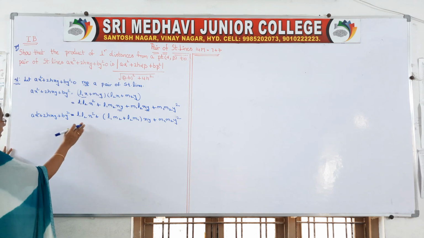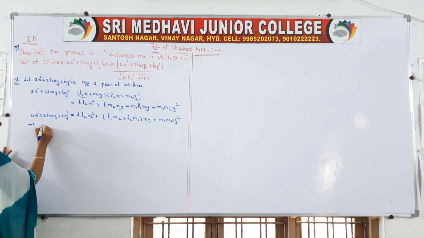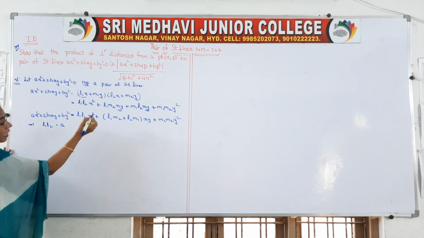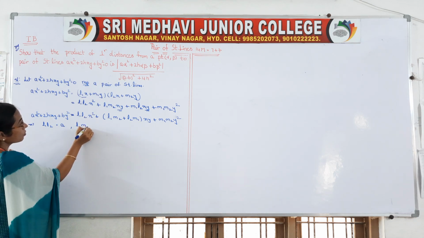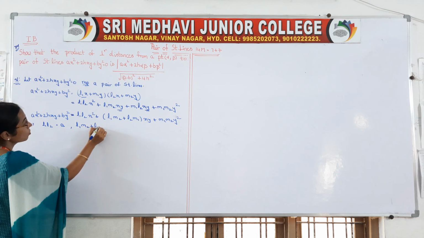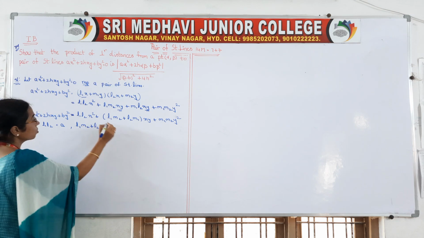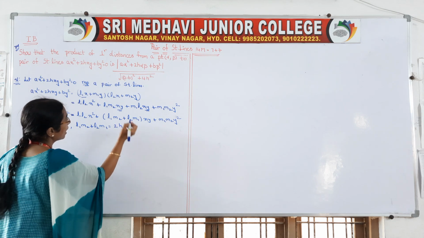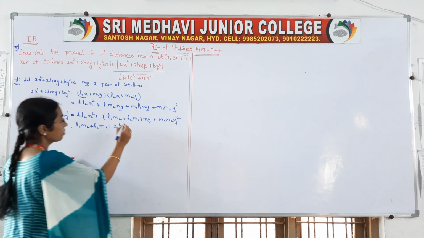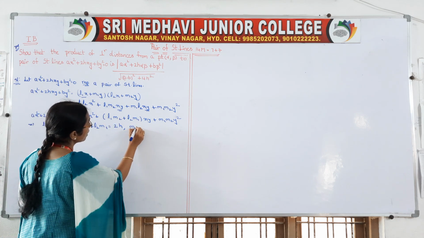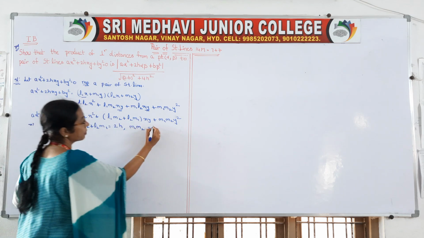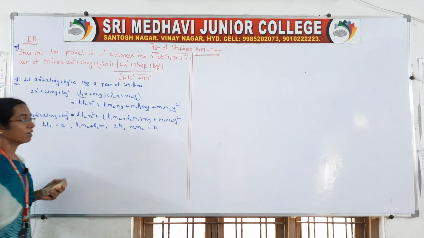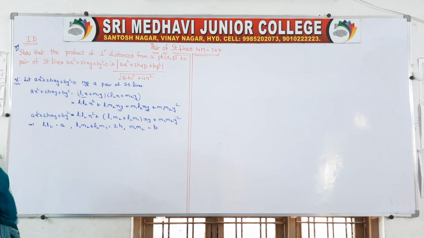Then L1 L2, the x square coefficient, is equal to a, and the xy coefficient L1 M2 plus L2 M1 is equal to 2h, right? And M1 M2, the y square coefficient, is b. So we got our a, b, h values.